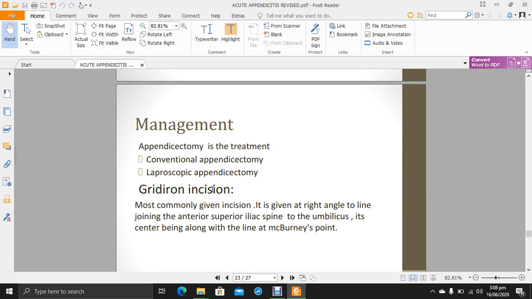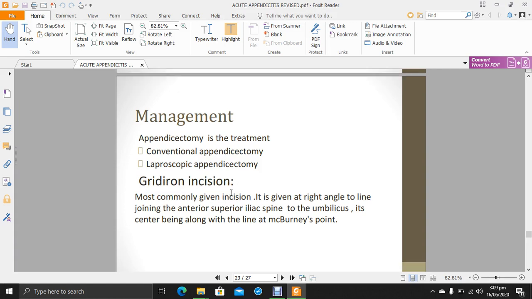You should not be confused: as I mentioned, you remember the imaginary line from the anterior iliac spine on the right side to the umbilicus, at the junction of the middle third and lateral third. This is the McBurney point, and the gridiron incision is an incision perpendicular to this line at the McBurney point, and the middle of the incision will be at the McBurney point.